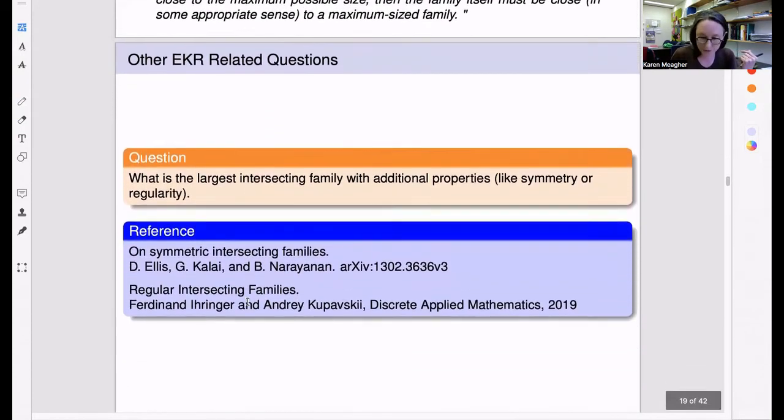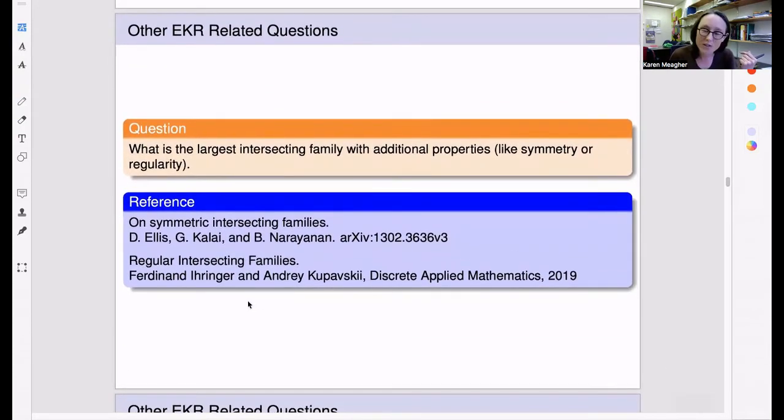And there are even more related questions. So we've been asking for the largest intersecting set, and we can start asking for the largest one with an additional property. We can ask that it's symmetric, meaning that the automorphism group on the atoms and the objects is transitive on our intersecting family, or we can ask for regularity. Regularity means each of our atoms occurs in equally many sets in our intersecting family.